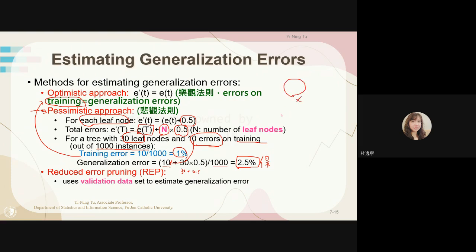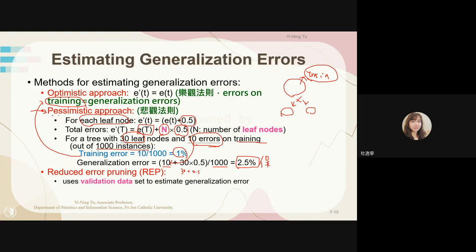So if I only have one data set, do not divide it into train and testing. All is for training. Then for the whole data set, the model error will be the optimistic one, and we add each leaf multiplied by 0.5 to be conservative.